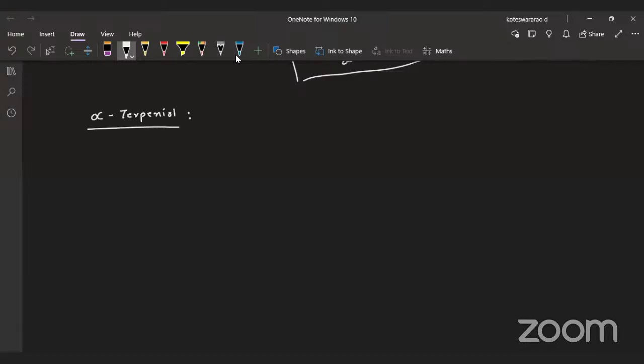This is the terpene. Previously I already gave the structure. Again, I'm going to give you that structure.